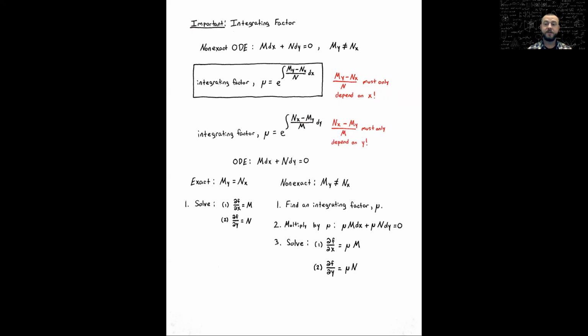Now the only thing new here is getting the integrating factor, and it presents a little bit more work. But once you get down to step 3, it's the same steps and procedures and ideas that we used in the previous lecture for solving exact equations, just with the extra step of putting in an integrating factor. All right, when you're ready, let's get to some actual examples.